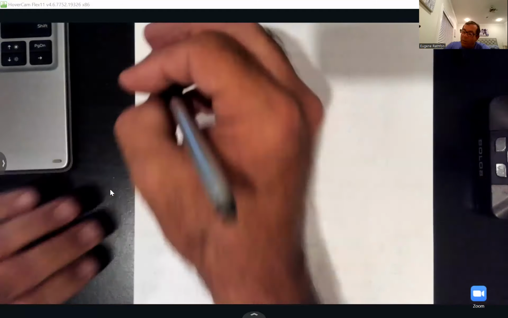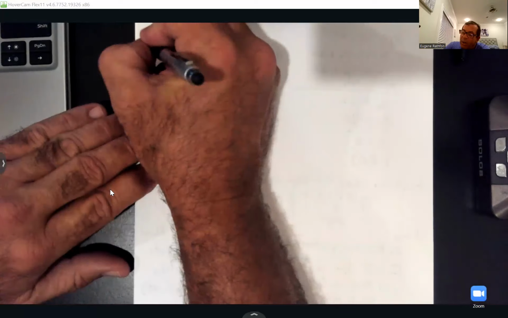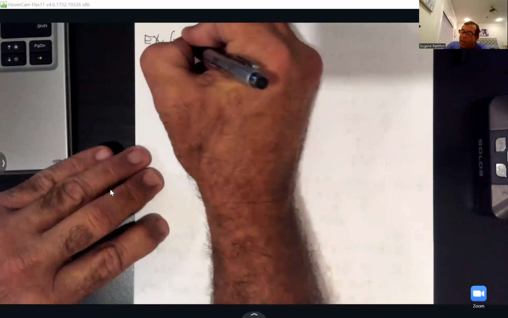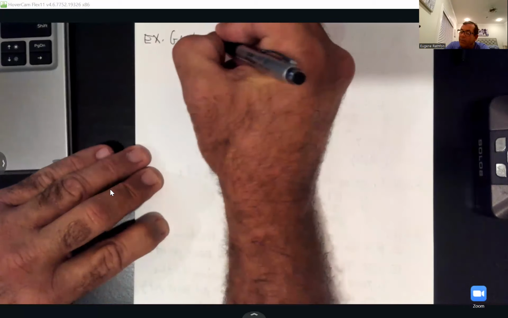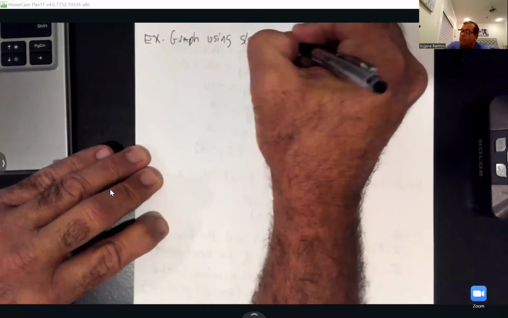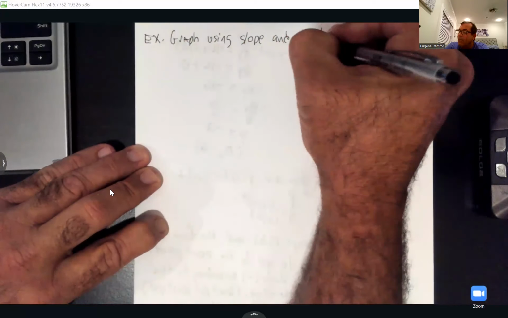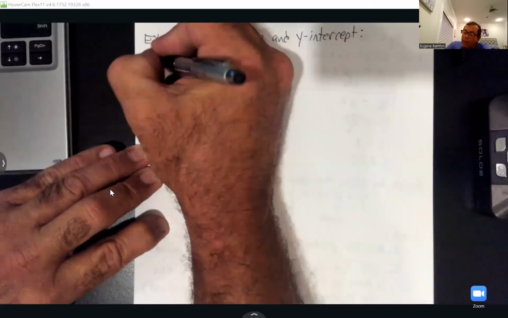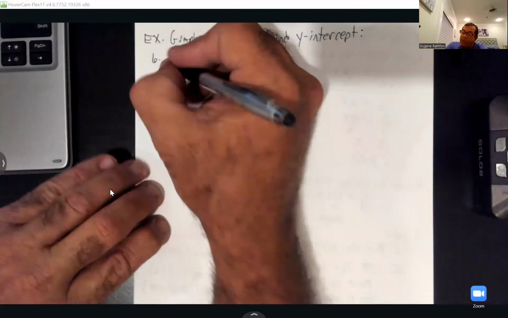Let me reset the camera here. All righty, so this will be our number 6 in the homework. Graph using the slope and y-intercept. All right, so this is like y'all's number 6.